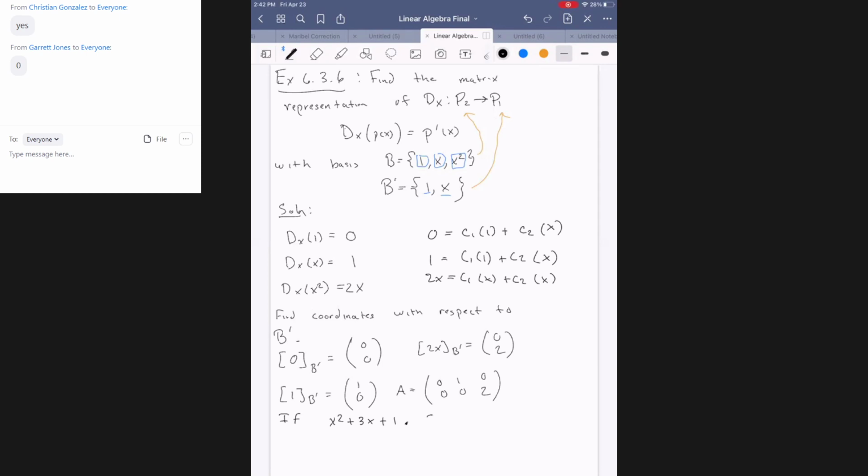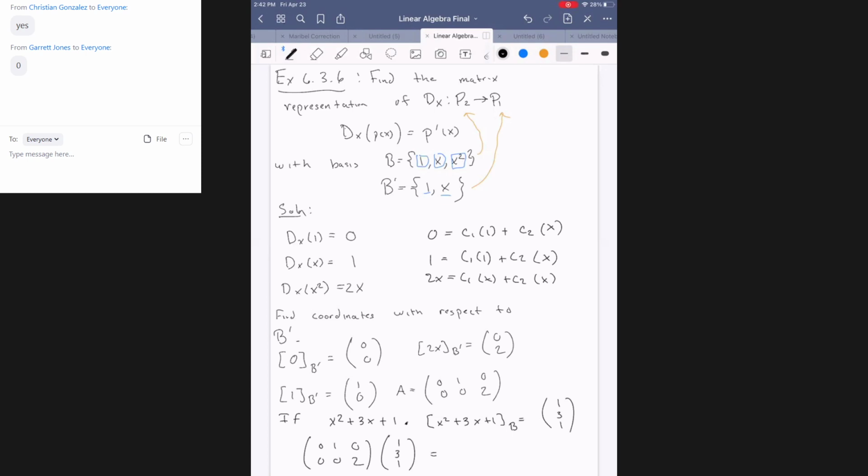Well, x squared plus 3x plus 1 with respect to B is just the vector 1, 3, 1, right? Now do the matrix times 1, 3, 1.